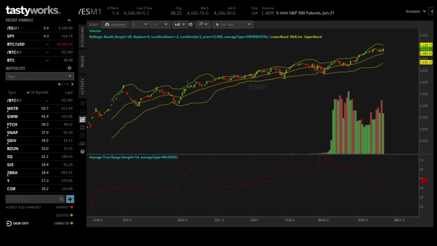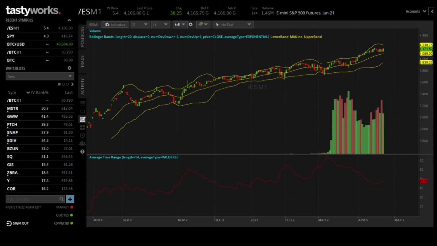And then the other thing to keep in mind is that sometimes the multiplier for a full contract is a little weird for a lot of people. So for example, with the ES futures, for each point move, right now it's 4,166. So if it goes to 4,167, that's worth $50.